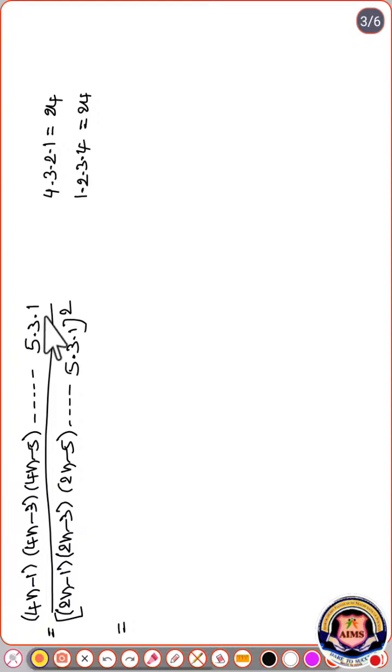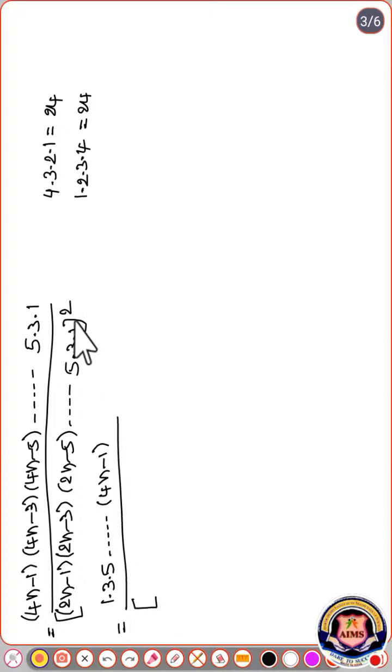So rearrange from small number to big number, 1, 3, 5 and so on, 4n minus 5, 4n minus 3, 4n minus 1. So lastly I can write directly the big number 4n minus 1 whole divided by the denominator also whole square as it is, don't disturb.